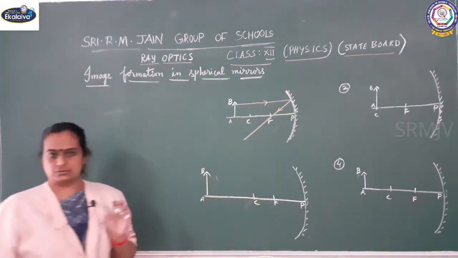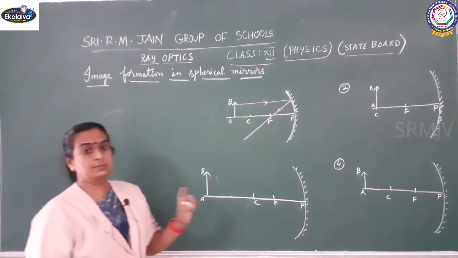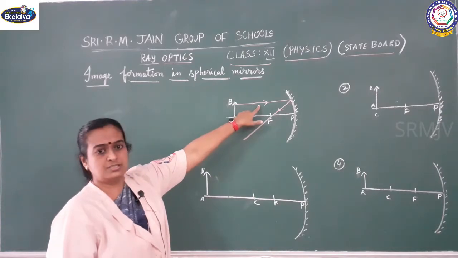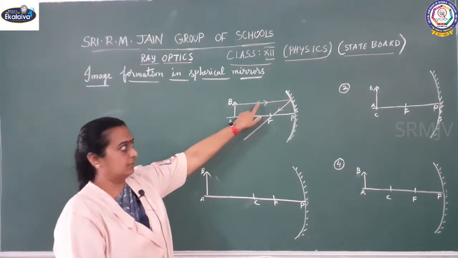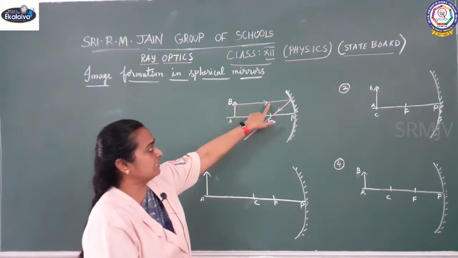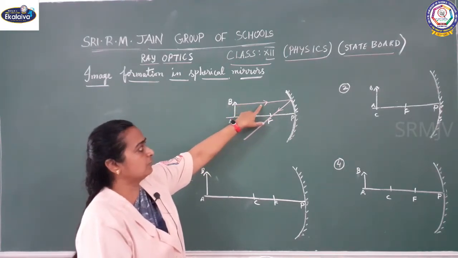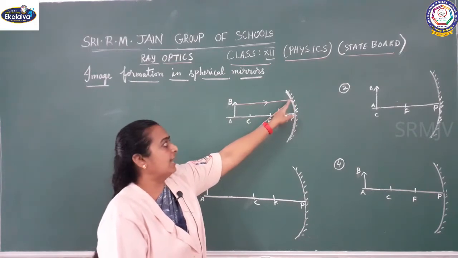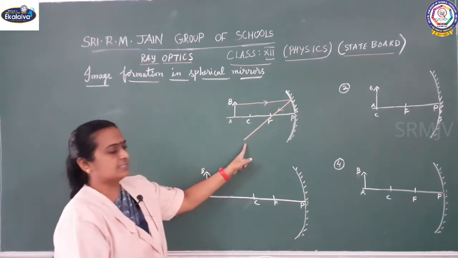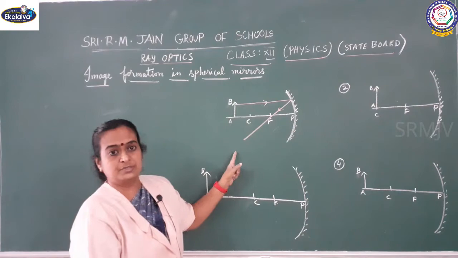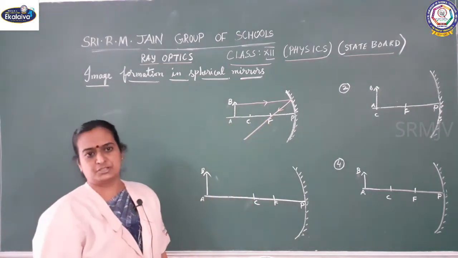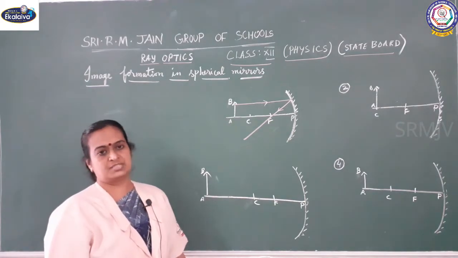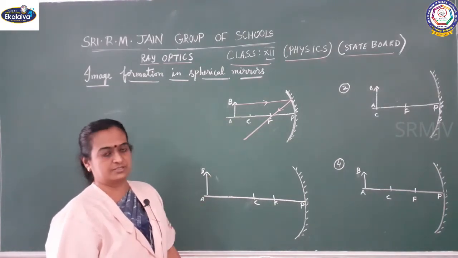This is the first rule. Remember to put the arrows stating the direction of the light. This is the incident ray, with the arrow towards the mirror, and after reflection this is the reflected ray, with the arrow away from the mirror. The arrow towards and arrow away should be clearly mentioned as far as ray diagrams are concerned. So remember to put this, children, right?